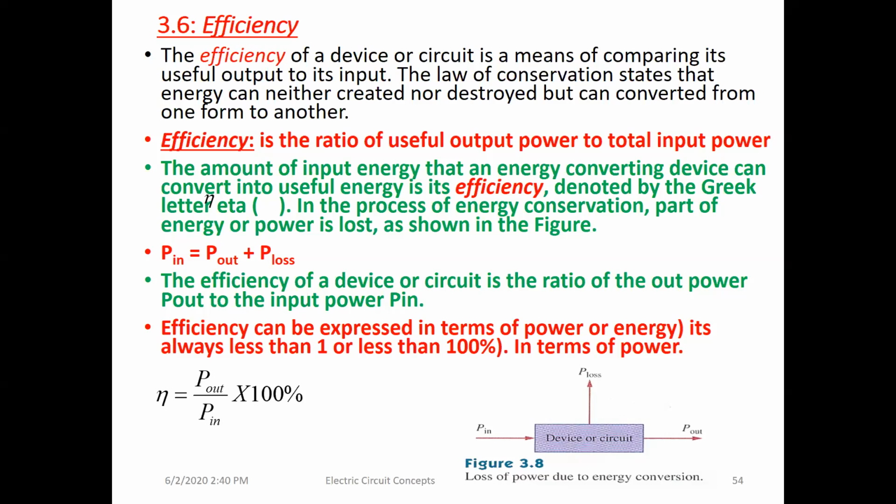So if we divide 80 over 100, we get 0.8 or 80%. So that means this machine has an efficiency of 80%, which means 20% of the input power will be lost. Only 80% will be useful power, converted into work at the output of the machine.